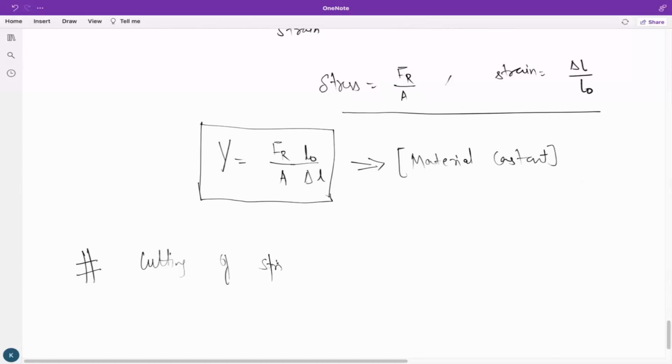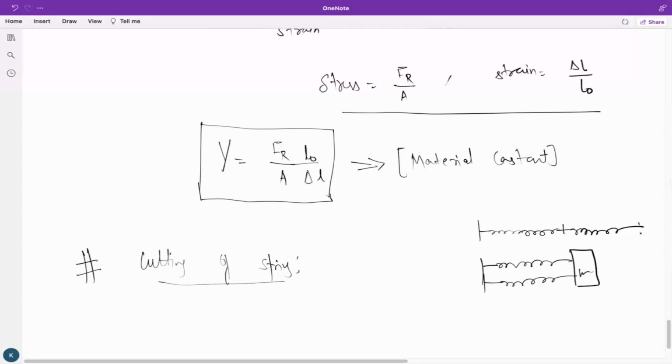If you notice, today we joined two springs, and we added two springs either by series combination or by parallel combination, right? So in tomorrow's lecture, I'm going to cut that spring into two or more sections, and then I'm going to try to find its time period and all, right?